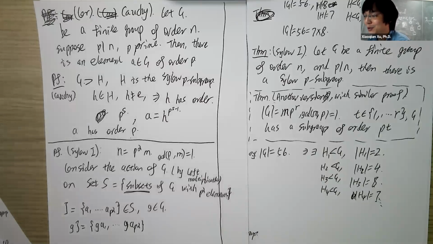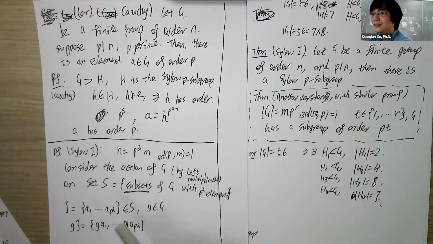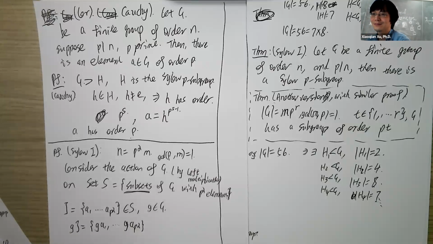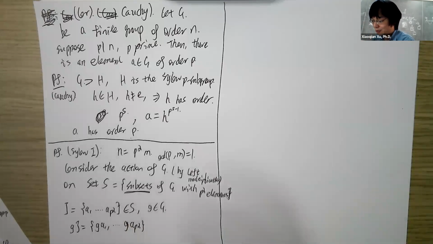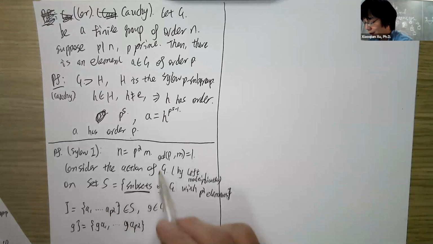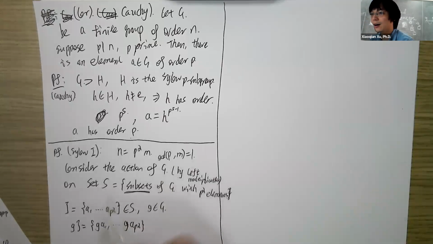Eventually, what we prove is that the stabilizer of some element of S is a subgroup, and it has exactly p to the alpha elements. So let's try to see what we can find if we use a group acting on S.